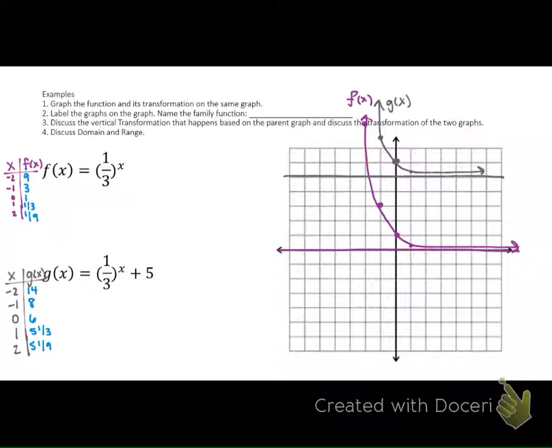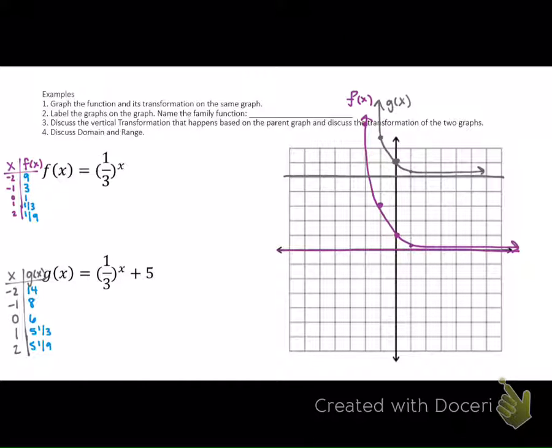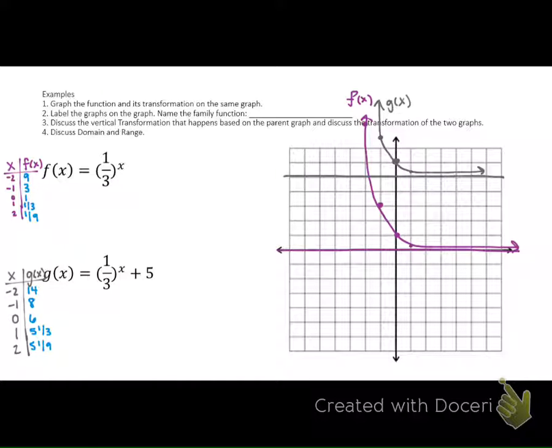All right, so go ahead and get those graphed. I'm going to walk around and make sure you guys are on the same page. Make sure you're getting the asymptotes on your graph as well. If you do not know how to graph, please let me know. This is something you guys learned last week, so that's why I'm not really talking you through it. I'm kind of letting you guys do it so that you can figure it out on your own. If you need me, obviously let me know.